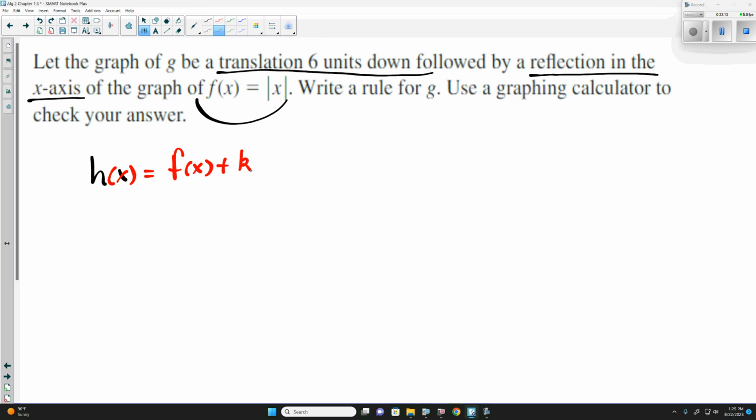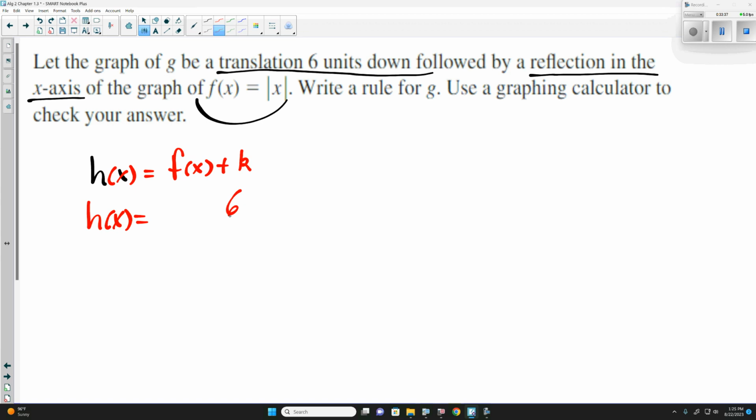h of x would be equal to f of x plus k, because we're talking about up. If it had been left and right, it would be f of x minus h. Now our k value, would it be positive or negative?